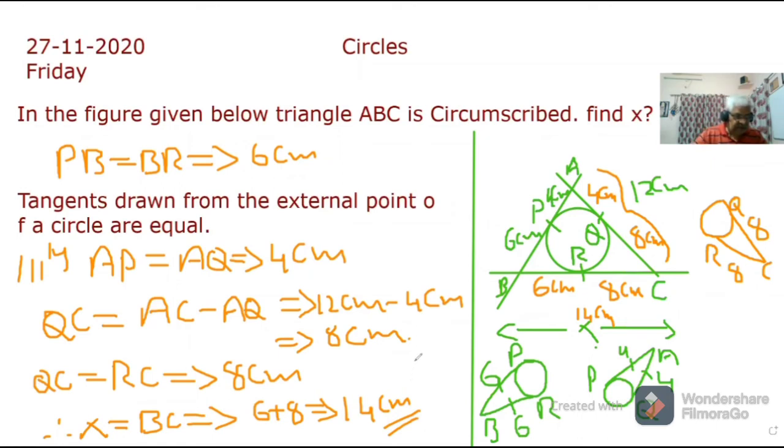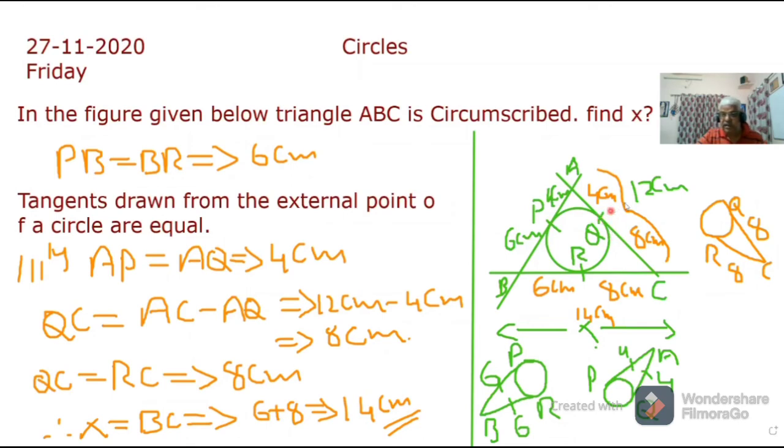Now, my dear friends, once again I explain this. Please observe. If you have any doubt, please ask. First, PB and BR I have considered as 6 centimeters because they are tangents drawn from the external point of the circle. Next, AP and AQ are equal; again, they are tangents drawn from the external point.